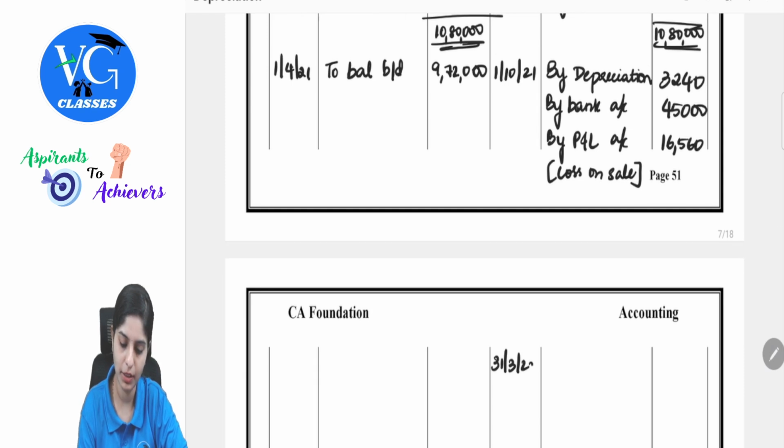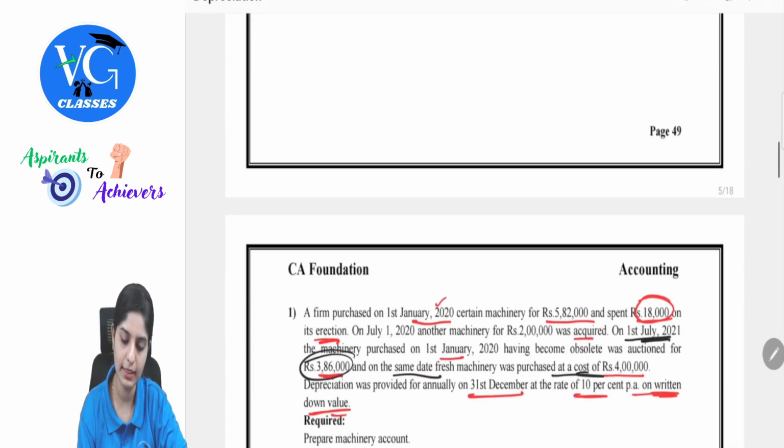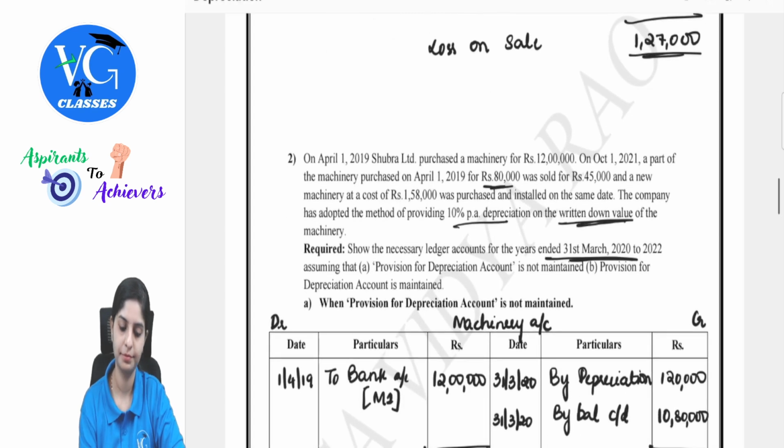31st March 22, by depreciation part of M1. Before that, in the same year, there was another asset which was bought. See, a new machinery at a cost of 1,58,000 was purchased and installed on the same date.